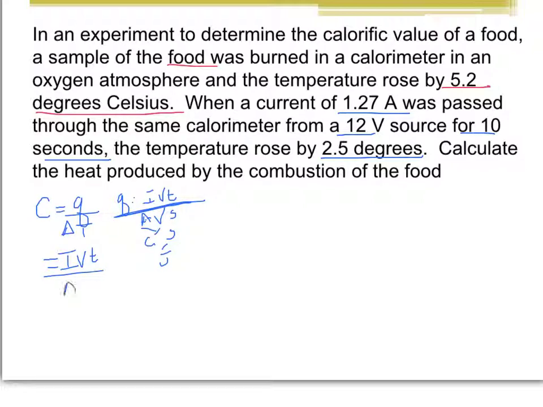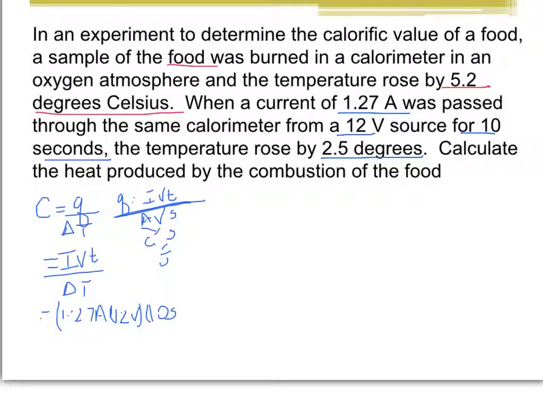So after we finish with the substitutions in this equation, we can take the current in amps, 1.27 amps, times the voltage, which is 12 volts, times the time, which is 10 seconds. And let me make sure you can read this.